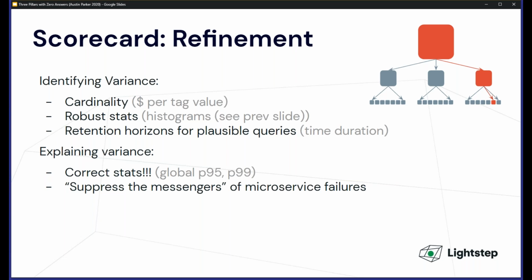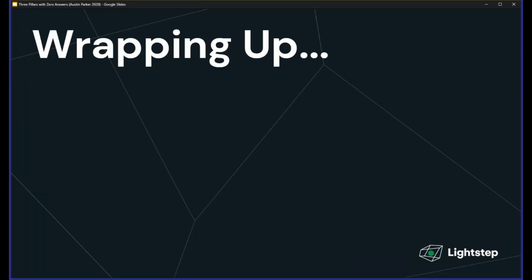What we want is for A and B to know that it's C's responsibility to fix this problem because the problem is coming from their service. So an observability system that can understand the global picture should be able to suppress hypotheses for things that don't matter. I want to be able to search for only the services that are having a problem rather than services that are related to the ones that are having a problem.